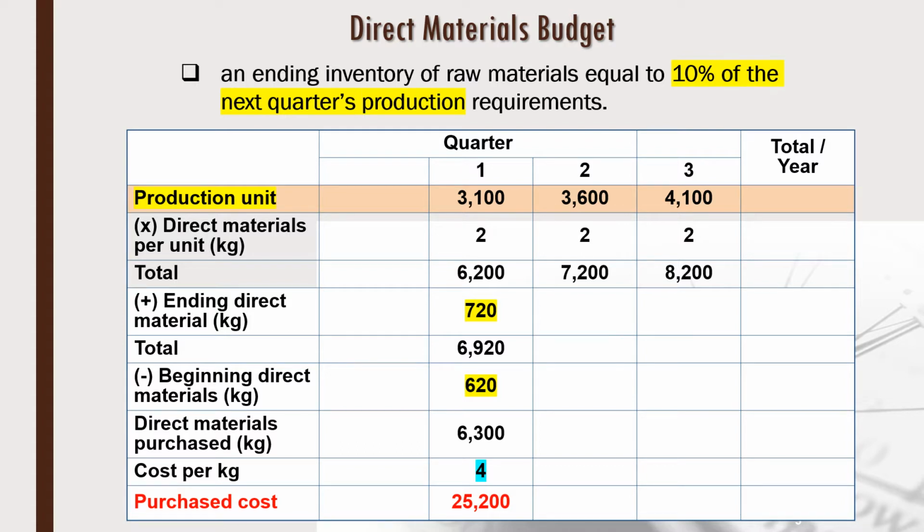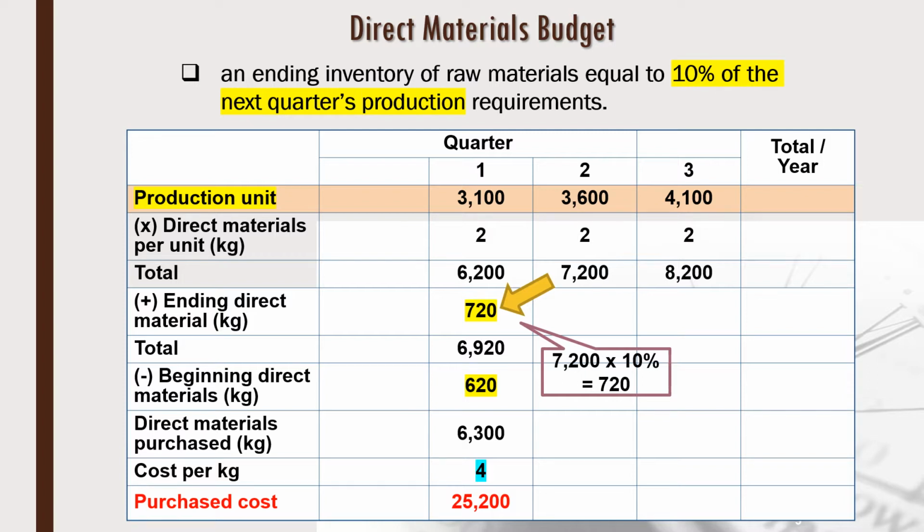So, the total production in quarter 2 is 7,200. To get the ending direct materials, take 10% of quarter 2 production. That is 7,200 times 10% equals 720.